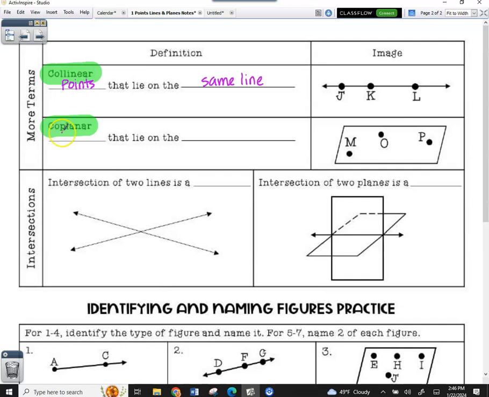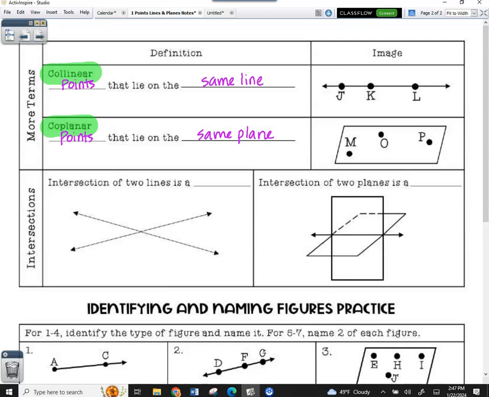Coplanar is points that lie on the same plane. Okay. So be nice, be kind and quiet. If you look at the picture to the right, you can see the plane that's drawn. It does have edges, but remember, a plane truly has no edges. And you can see points M, O, and P are drawn on it, right?